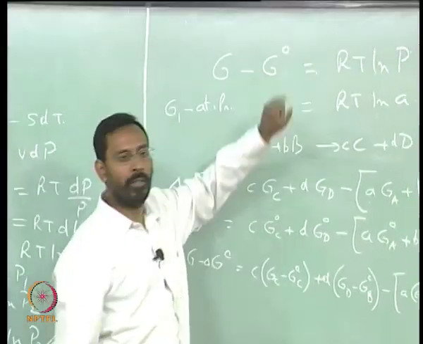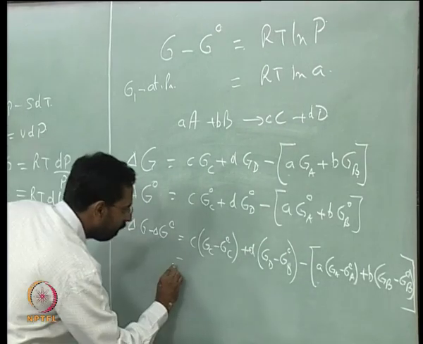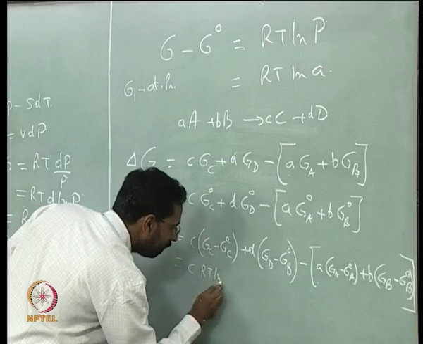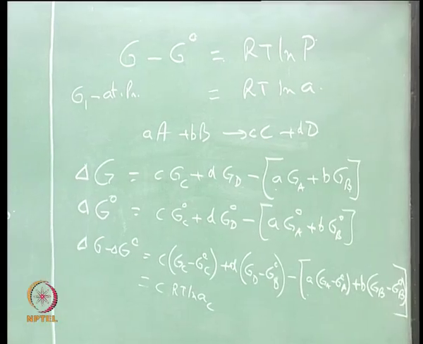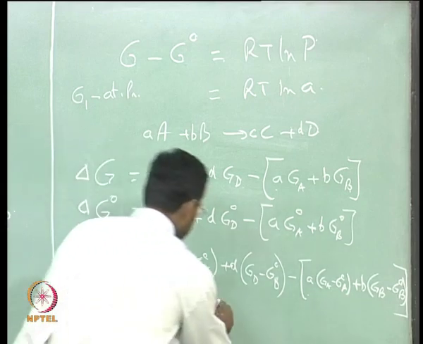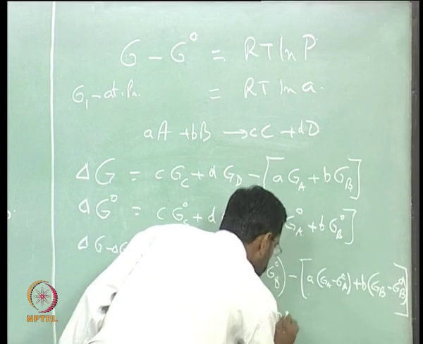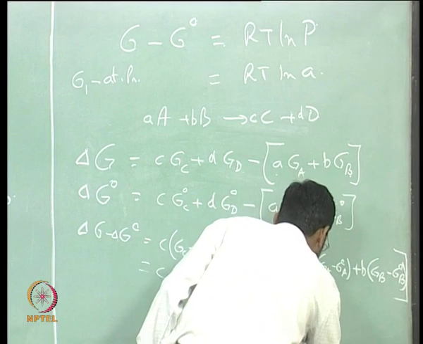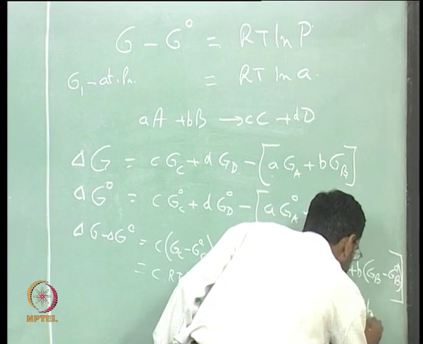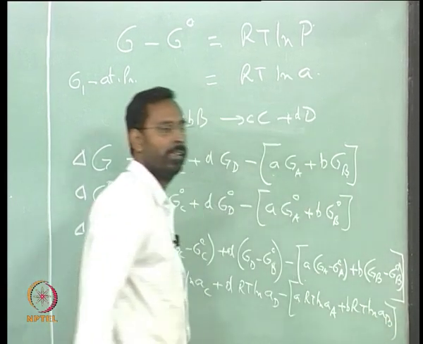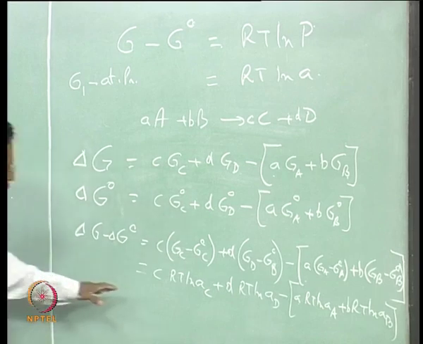We already know that G minus G naught is RT ln A. So I can write this as c into RT ln A of C, correct, activity of component C, plus d into RT ln A of D minus a into RT ln A of A plus b into RT ln A of B. Basically, now we have got the whole free energy change in terms of activities.